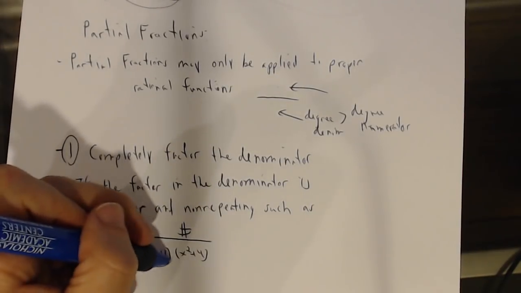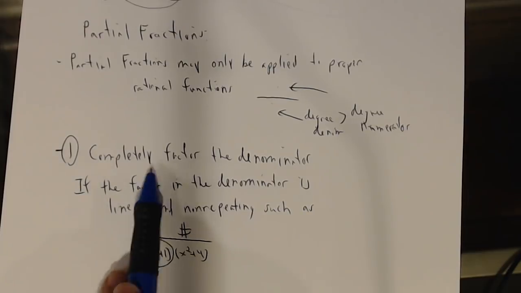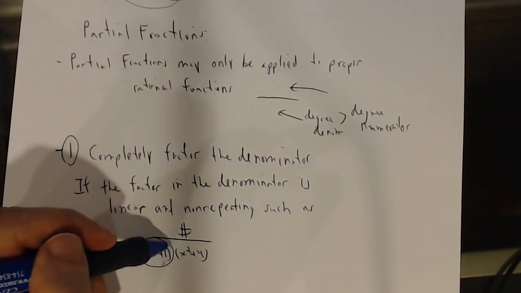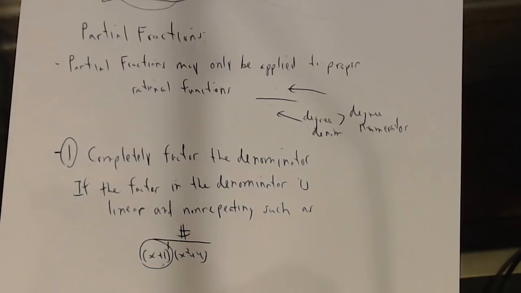We're going to look at each factor of the denominator. So I'm going to focus on this. If this is linear non-repeating, why is this non-repeating? Because I have only one of them. And clearly this is linear because x plus 1 is a line.